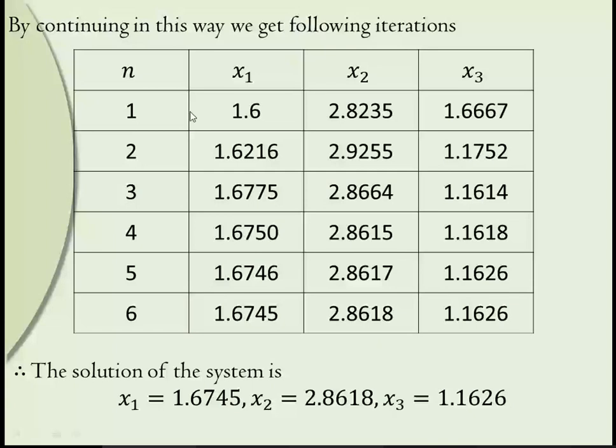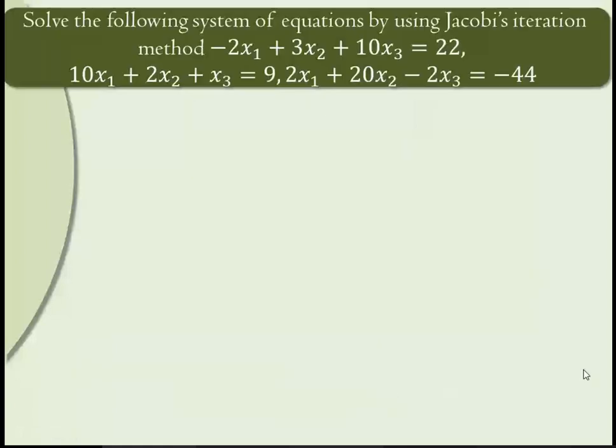Again use the next x1, x2, x3, get the next iteration. Continue until two sets of values get matched up to a certain number of digits. That gives us the solution. Okay, so it is very easy, very important. No separate formulas, just properly remember the method.